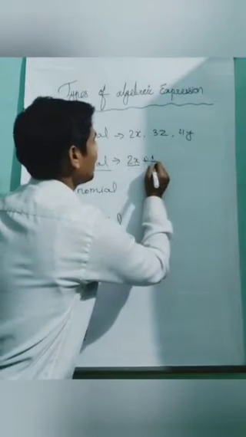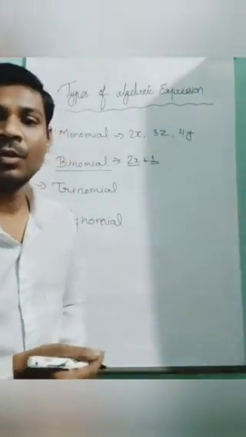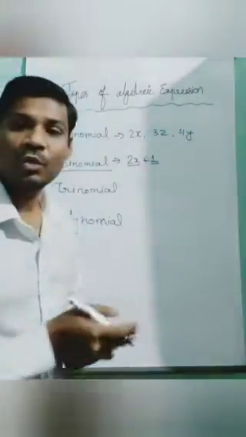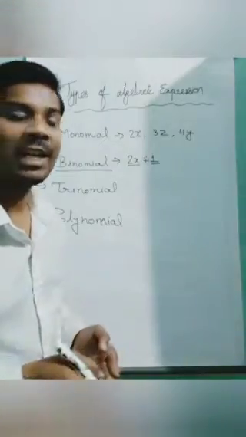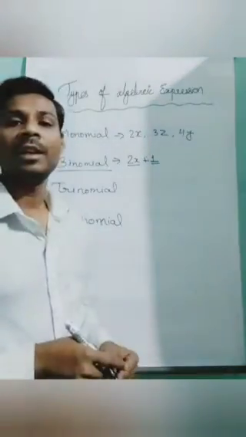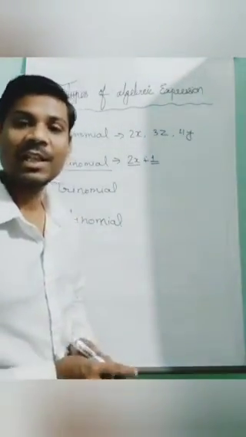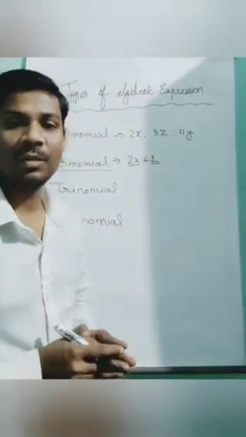This is one and this is the other. So we can say that it has two terms. So a binomial is an algebraic expression which has only two terms.